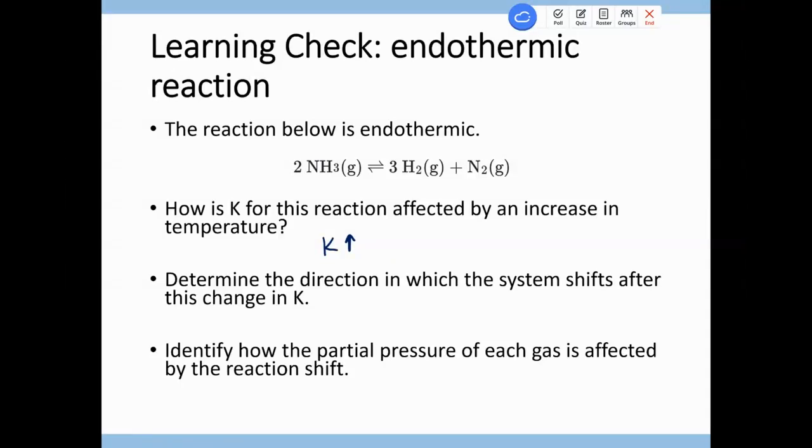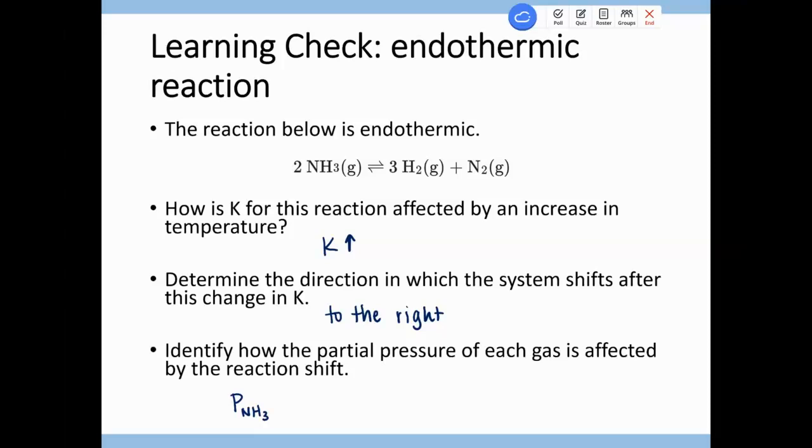So if K increases, then how will the reaction shift to accommodate that equilibrium change? To the right, yeah. So we'll have more products at equilibrium. The reaction needs to produce more products to reach equilibrium. And so what does that mean for the partial pressure of NH3? Does that change? I can't tell if you're saying increasing or decreasing.